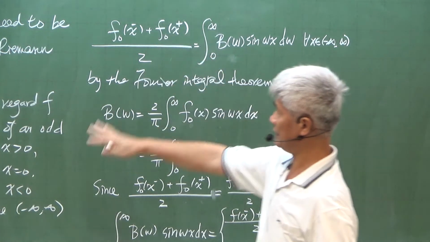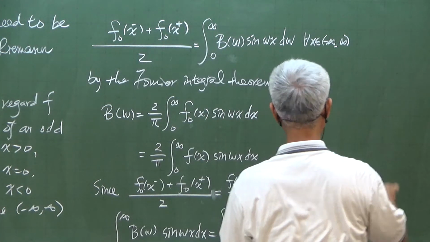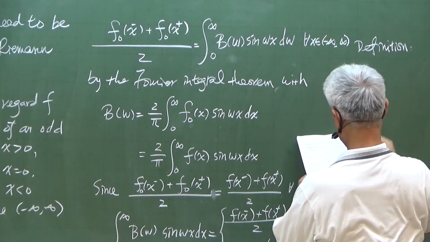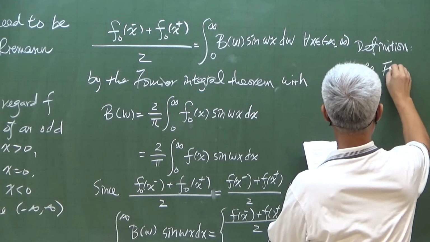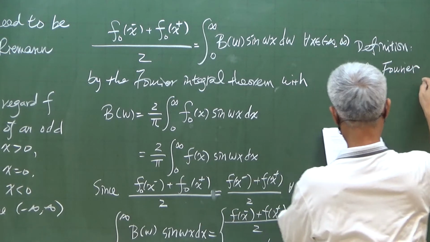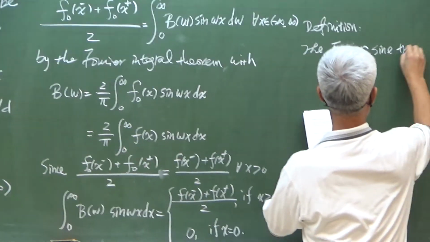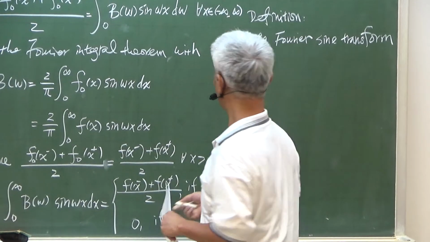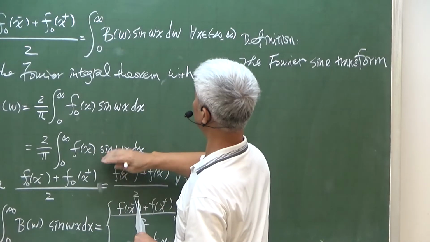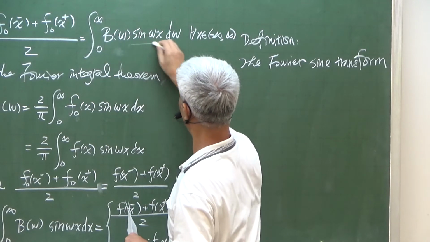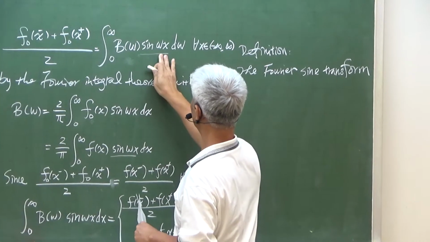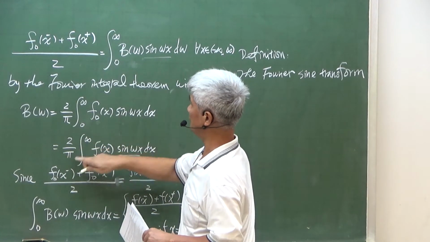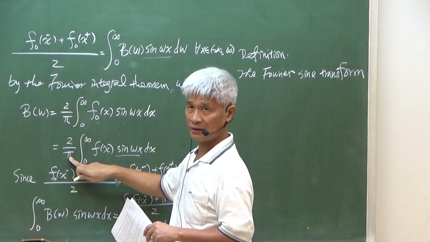So from this discussion, we have a definition of the Fourier sine transform. Although these two have the same sine wx here, the form is a little different because of the constants.